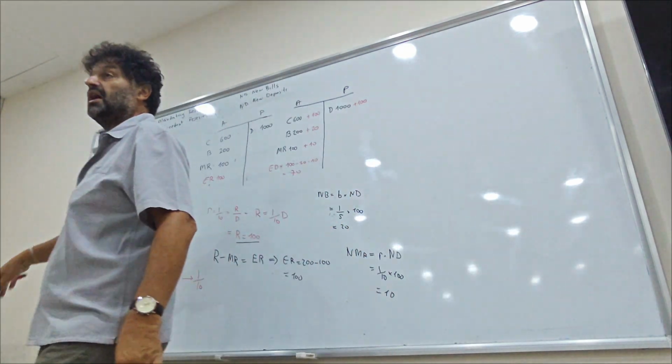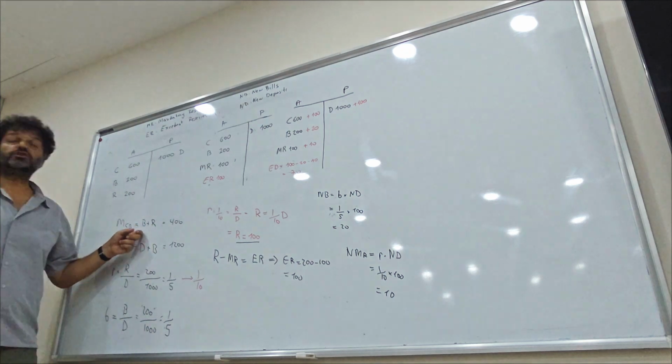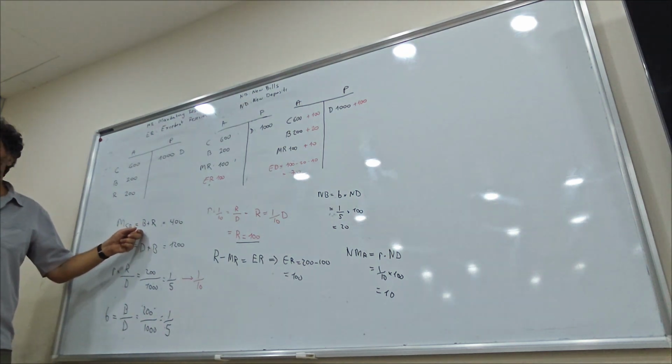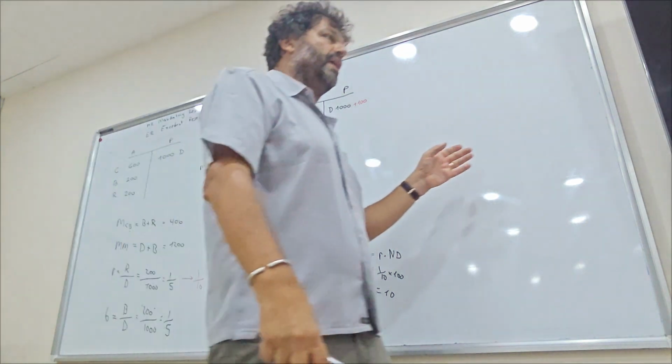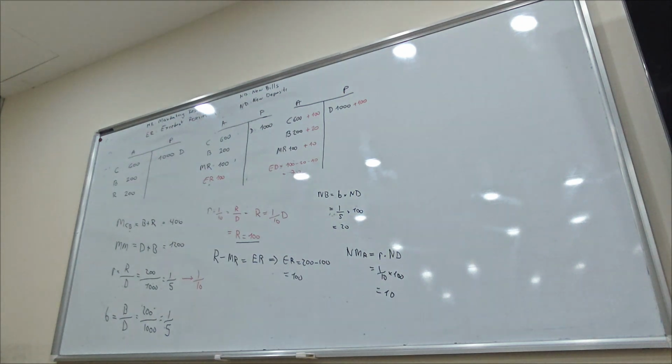You start the exercise, central bank money is 400. You will go until the end of the exercise, and central bank money is still 400. But what will change is the ratio between bills and reserves.